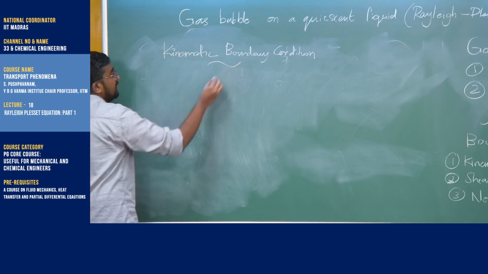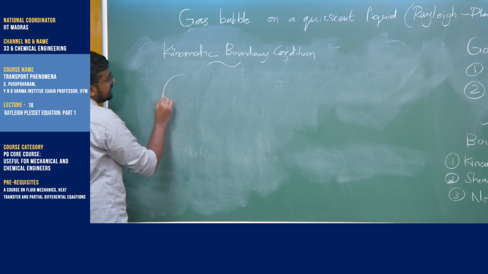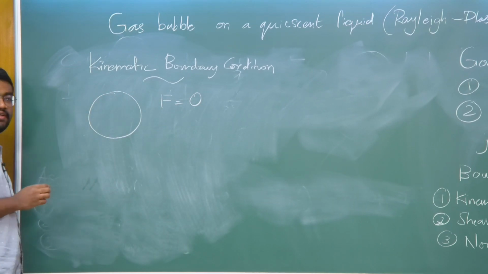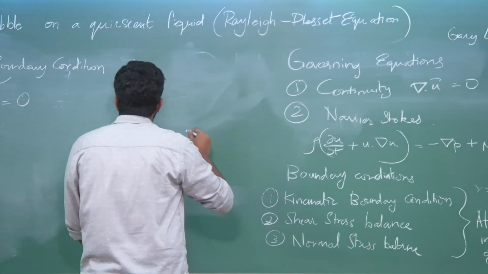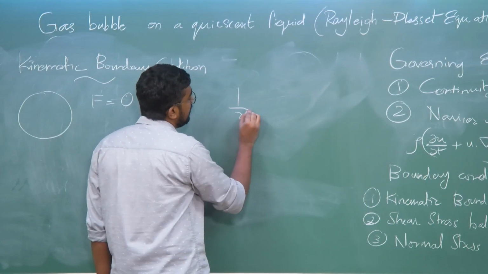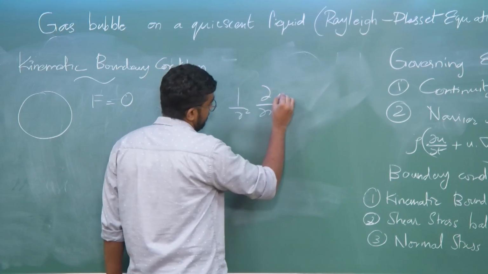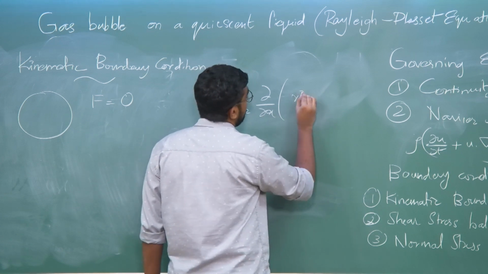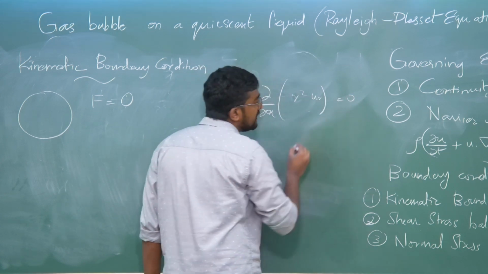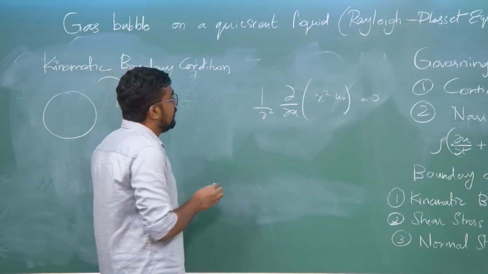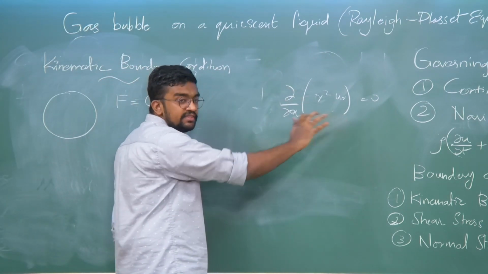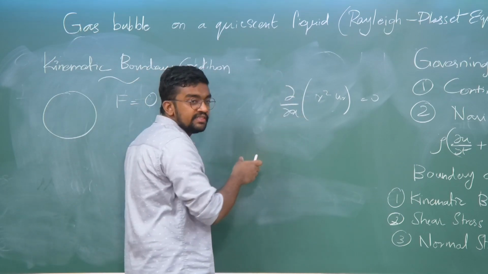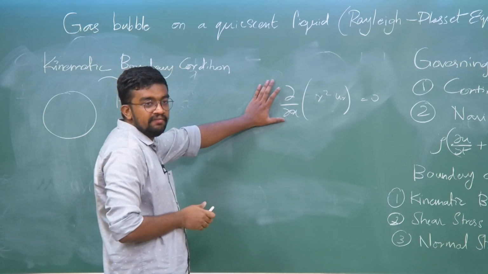This is nothing but, suppose we have a moving surface. The surface is governed by capital F equal to 0. Earlier you saw dou by dou r of r square u r equal to 0. This was the equation that we were solving, right? If you take the integral of this partial differential equation, we will get a constant.